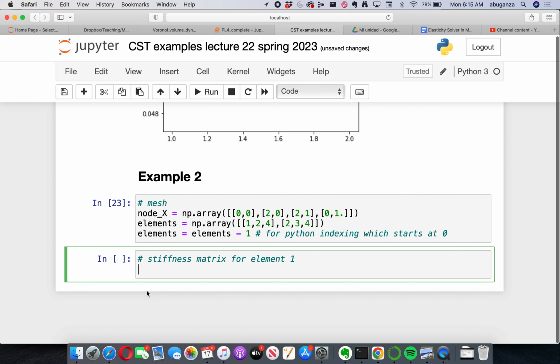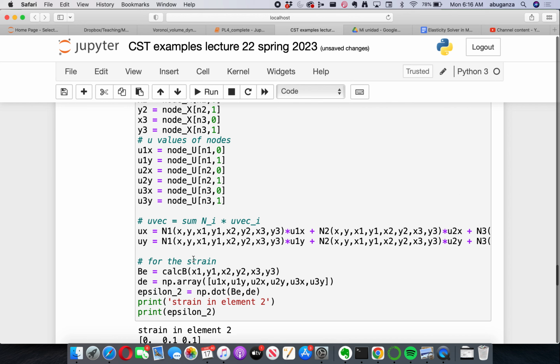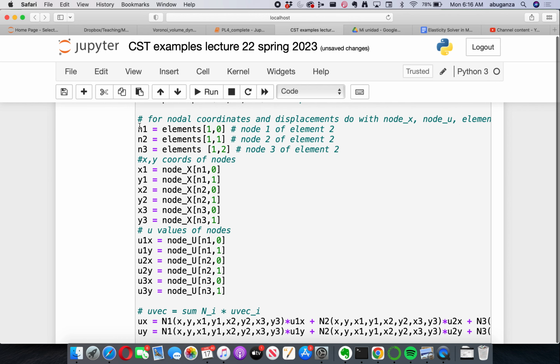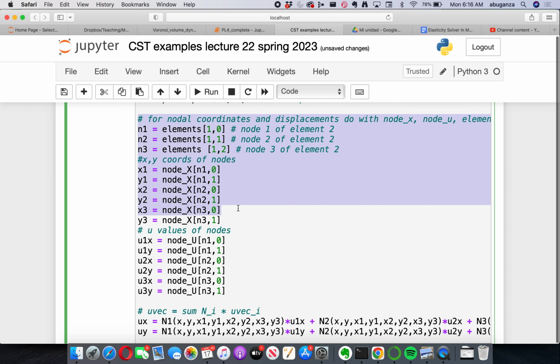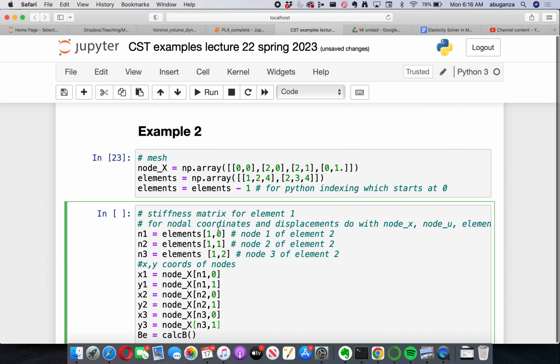First of all, I need the B matrix for this element, calc B, and that one needs x1, y1, and so on. So I'm just going to reuse what I have from before, and then this is for element 1.